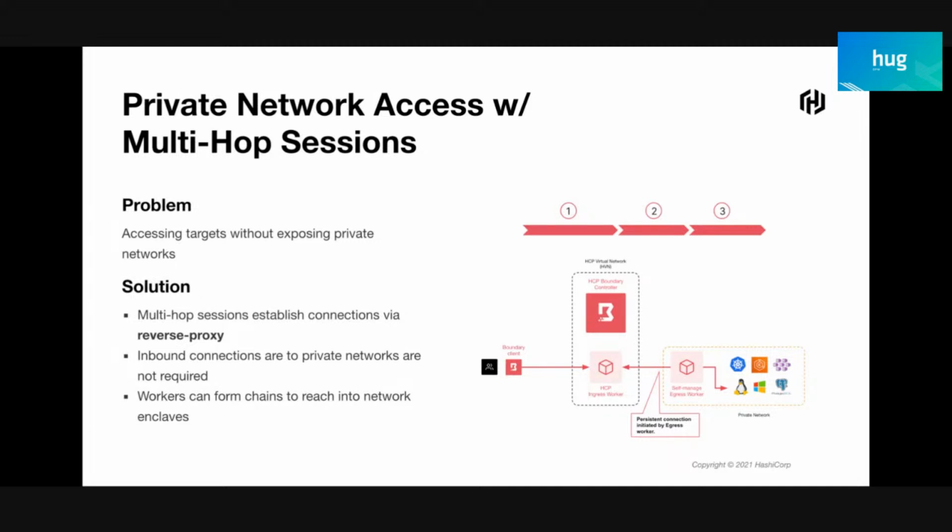It's called multi-hop sessions. This session chains together two or more workers across those intricate networks, forming a seamless connection between remote users and target systems, even in environments with strict outbound-only policies. Imagine this as a relay race. We have two types of workers, the ingress workers and egress workers.